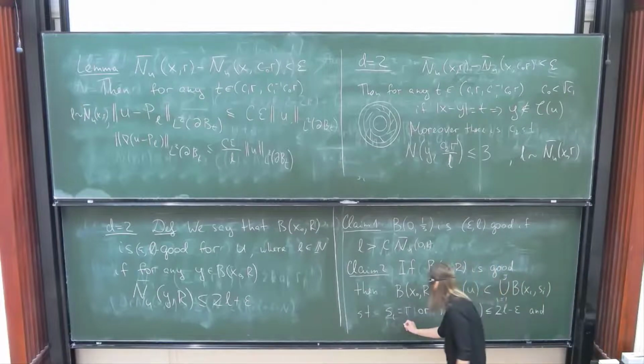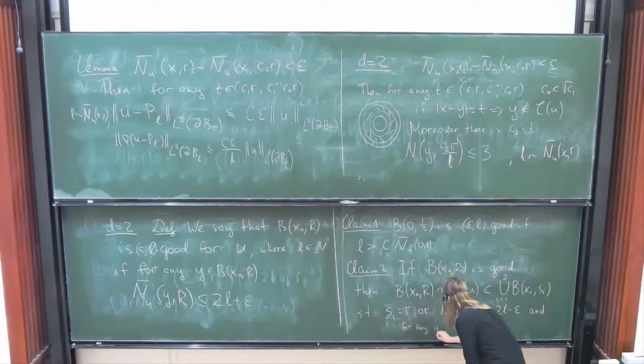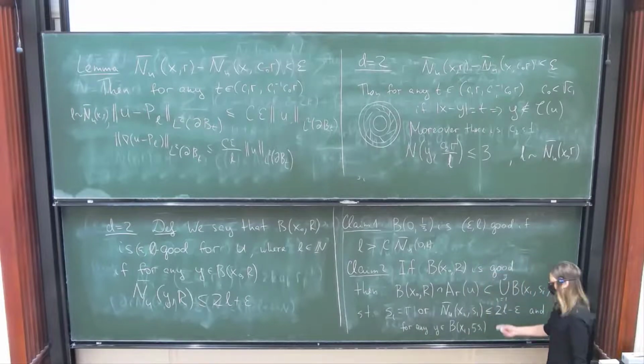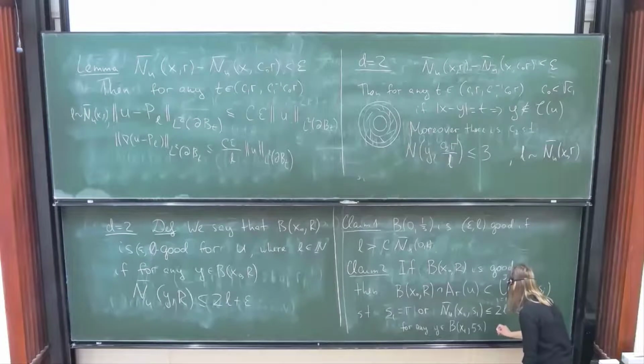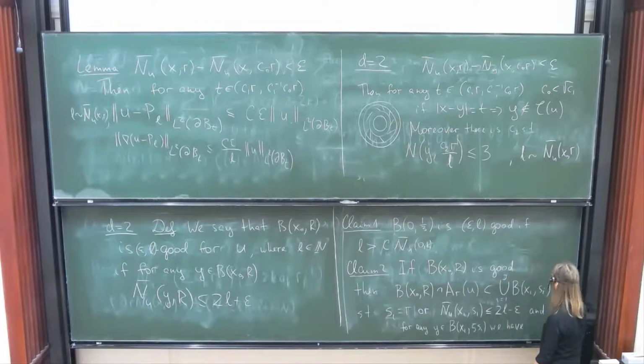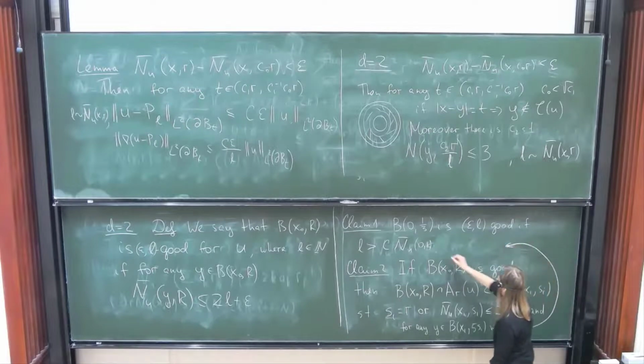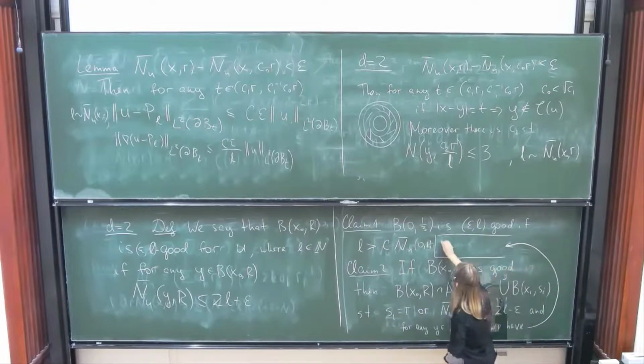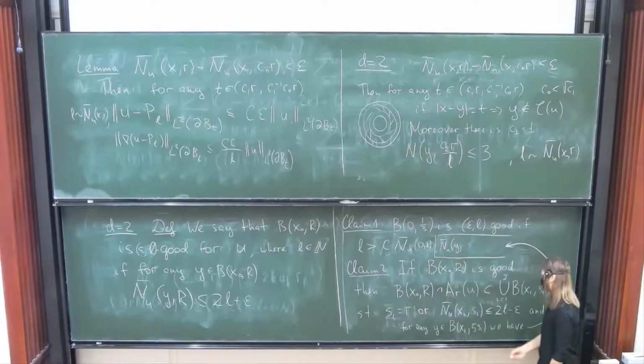And for any Y in a larger ball, we have some control like that. So we want the corresponding radius there to be not much smaller.